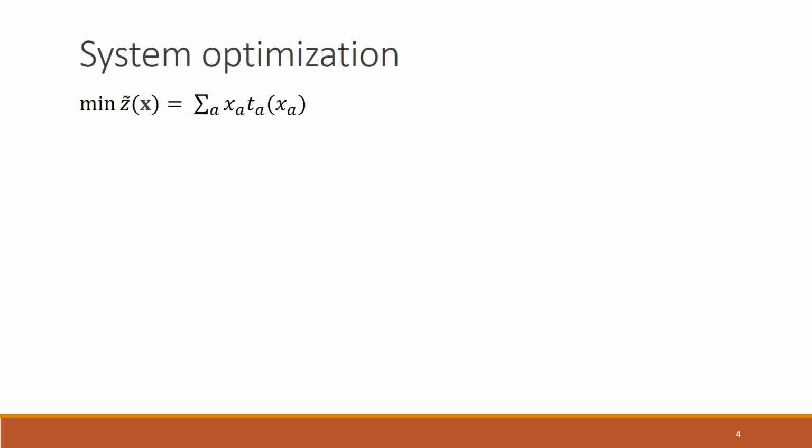So let us look at the optimization formulation of system optimization. Here we have z tilde of x, and we are representing it not by z of x because we want to differentiate it from the objective function of the user equilibrium. Here this is the sum of x_a times t_a over all the links a. This is the expression for the total travel time spent in the network.